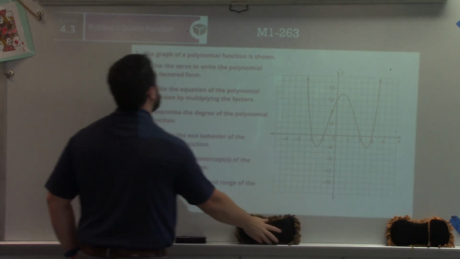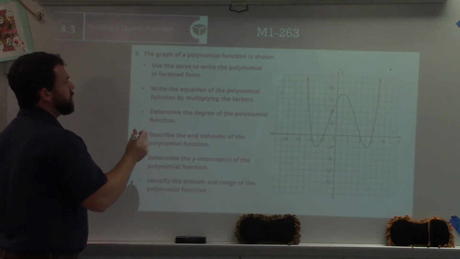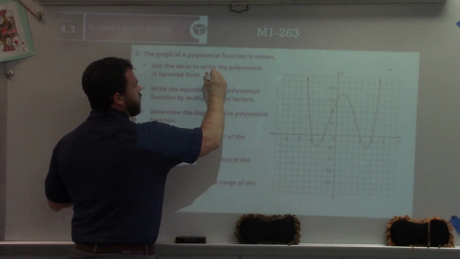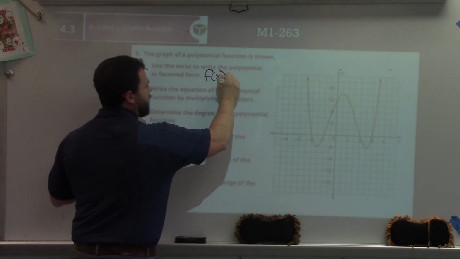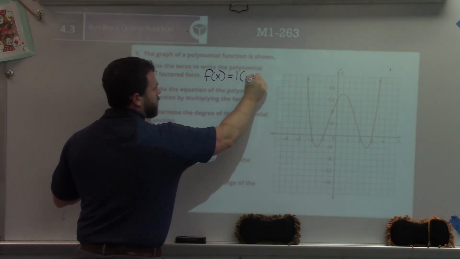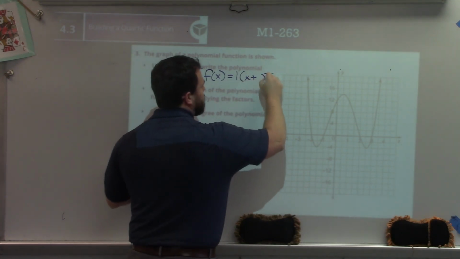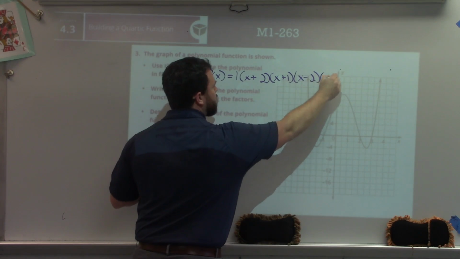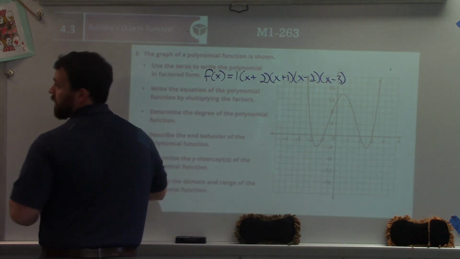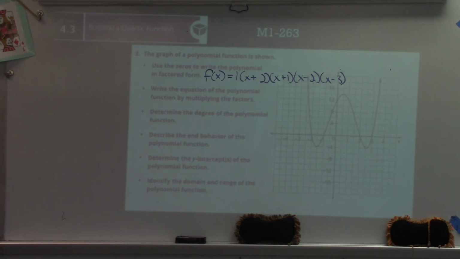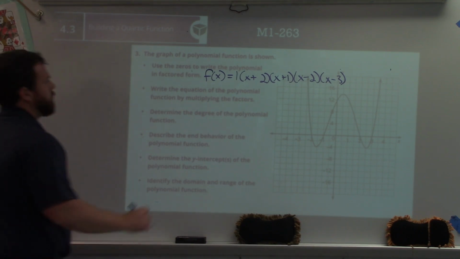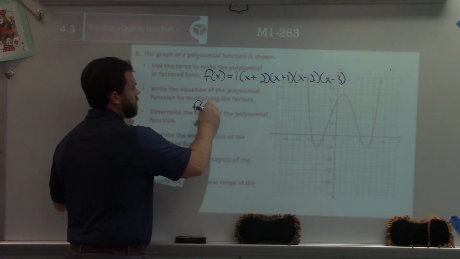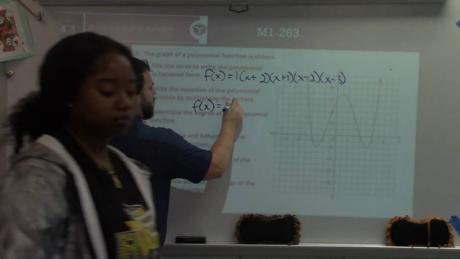So, we've already used the zeros to write the polynomial in factored form. I think it was 1 for the A times x plus 2 times x plus 1 times x minus 2 times x minus 3. And the standard form was, what came after the x to the 4th?